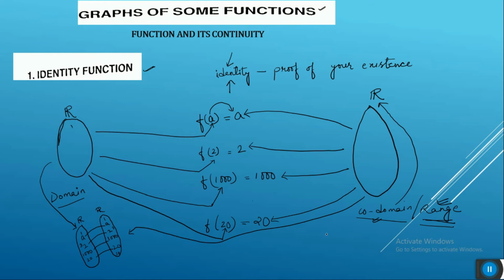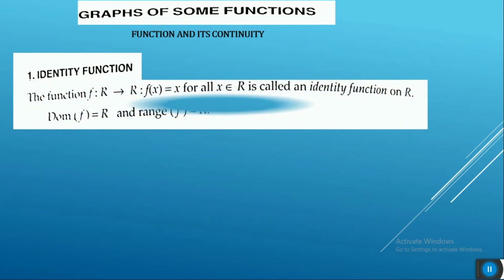So now let's go back to our topic, which is the identity function. An identity function is a function which will not change the value which you put inside it. Now what is the definition of the identity function?